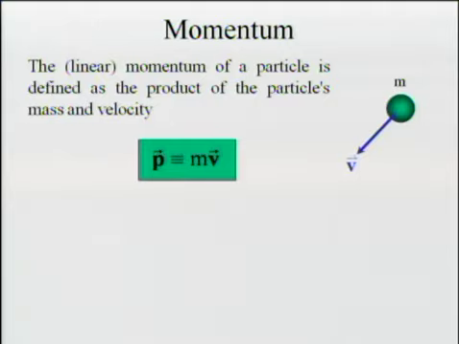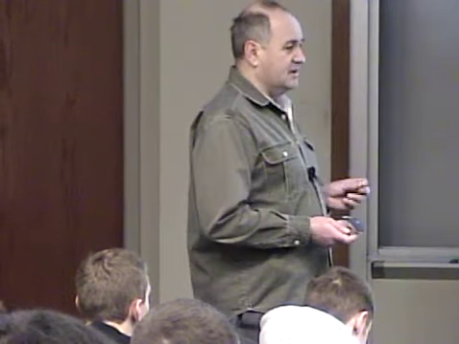If I think about an object, we will introduce something called the momentum of an object, and you will see that it won't be defined as the mass of the object multiplied by the velocity of the object. However, it is going to be equal to the mass of the object multiplied by the velocity of the object.